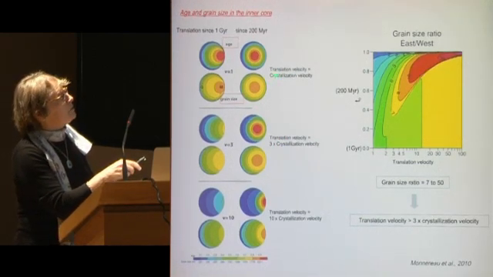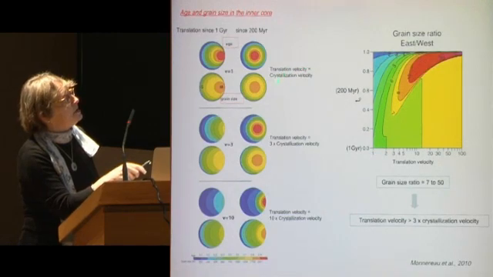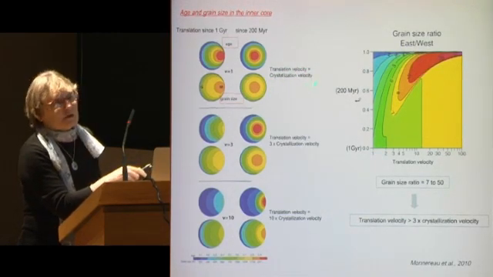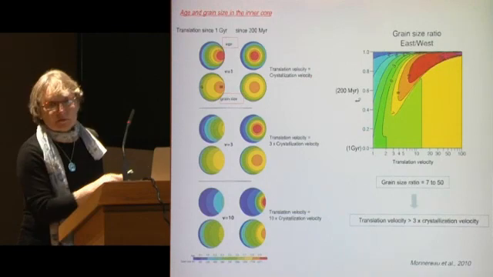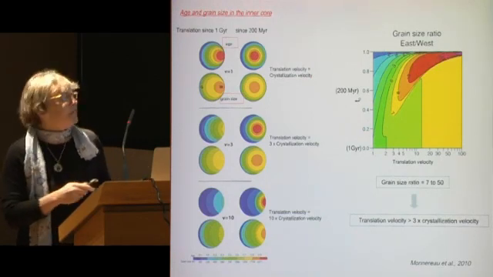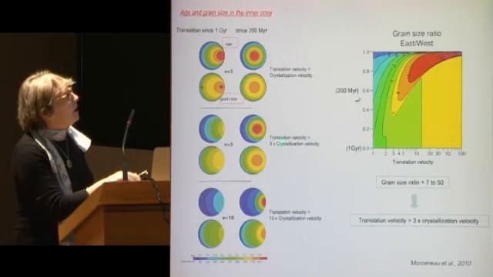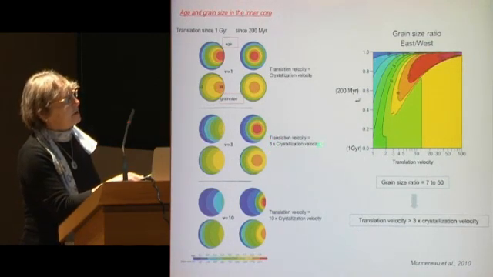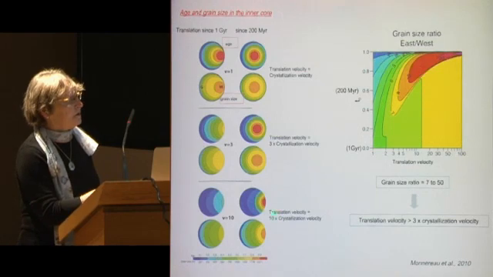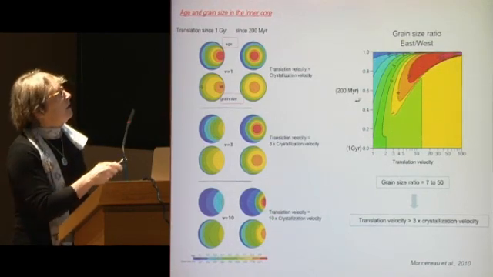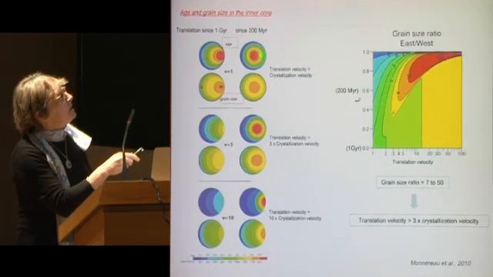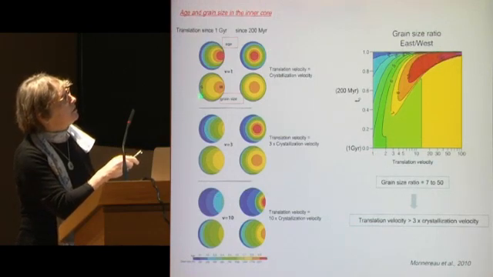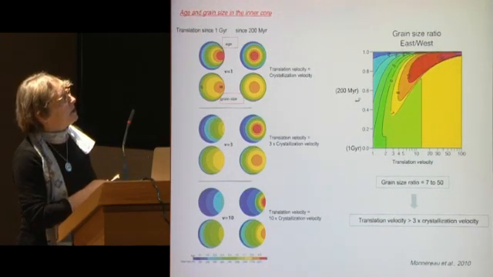The first one corresponds to a translation velocity equal to the crystallization velocity, about 0.5 millimeter per year. The second is a translation velocity 3 times the crystallization velocity, and the last one, 10 times. In each cartoon, the top gives the age, and the bottom gives the grain size.